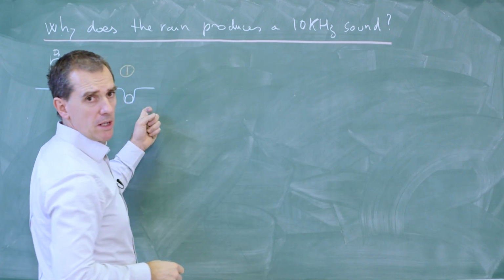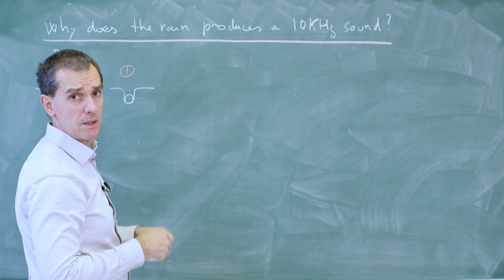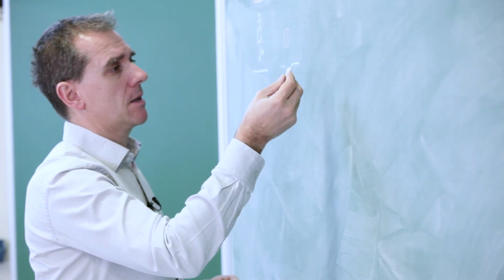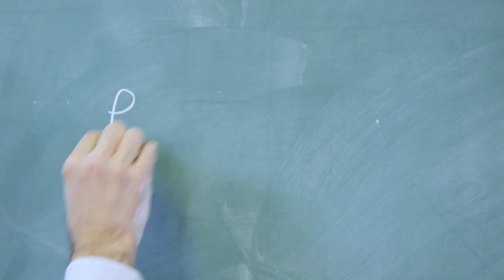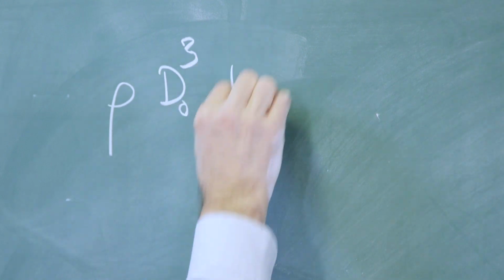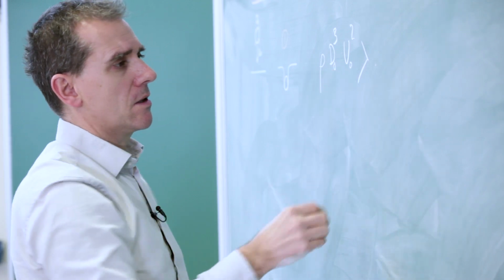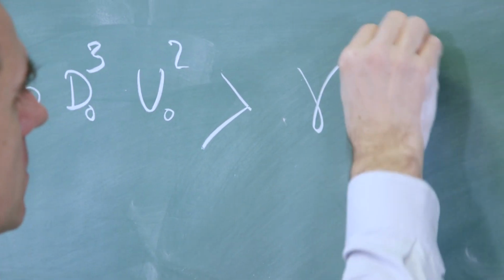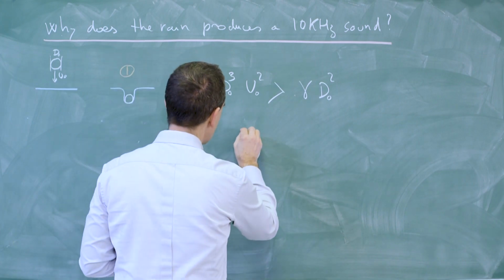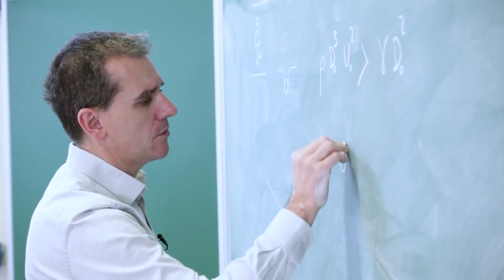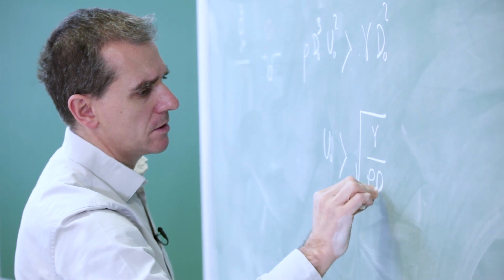So the first condition we have to discuss is the possibility for the impacting drop to create a hole in the ocean. This condition associates the initial kinetic energy of the drop, which goes like the density of the drop times the volume of the drop times the velocity squared. If this initial kinetic energy is larger than the surface energy, then you expect a hole to be created. So this condition tells you that you will only create a hole if U0 is larger than the square root of gamma divided by rho D0.